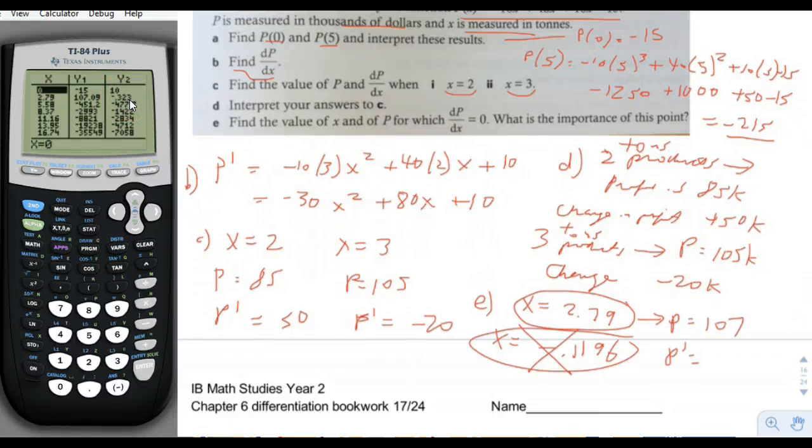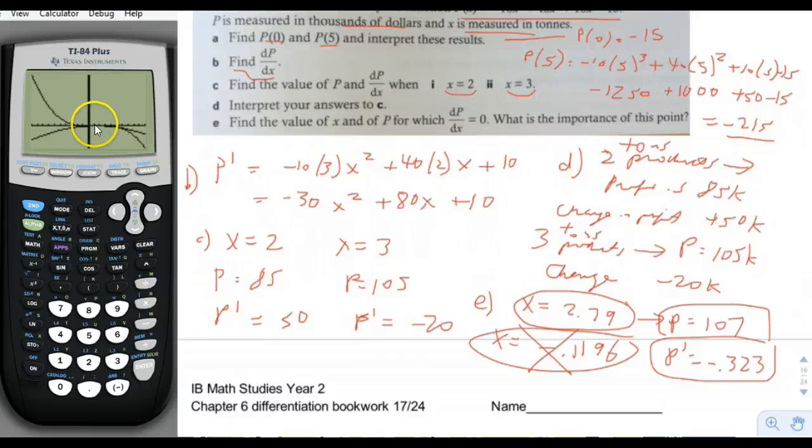So P prime is equal to negative 0.323. Okay, and so what is the importance of this point dP/dx equals 0? Well, this happens to be the optimum profit point. Okay, so like this is when the change in profit is 0.